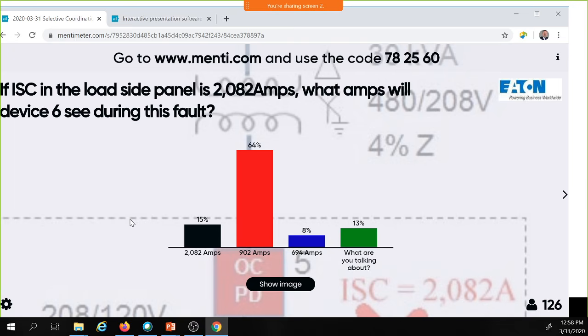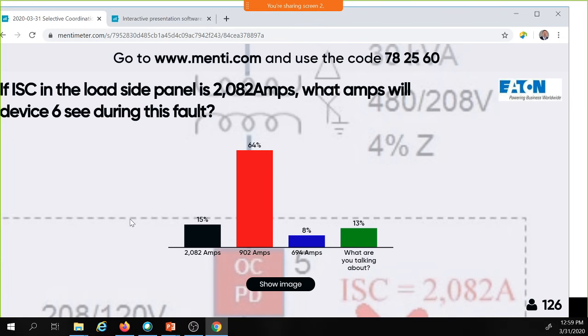We have 15% of the respondents noted that device 6 is going to see 2082 amps when there is a fault on the secondary of 2082 amps. 64% said 902 amps, 8% at 694, and 13%, what are you talking about?